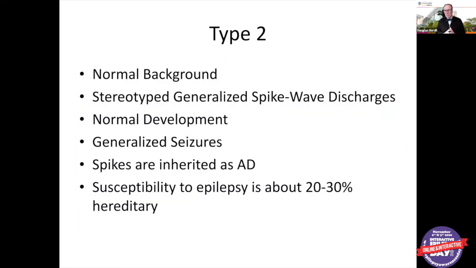This second one we'll call type 2. This is where you have generalized spikes on the EEG, but with a normal background. Now the family history, about 20 to 30% of the time, you'll hear that there are family members with this type of epilepsy.